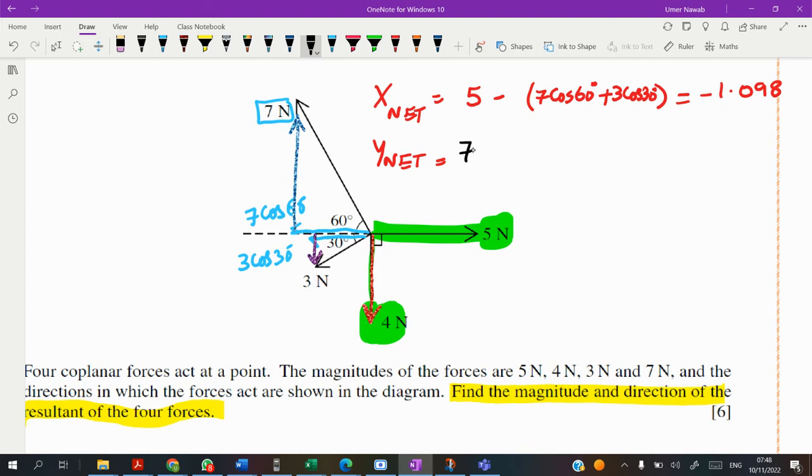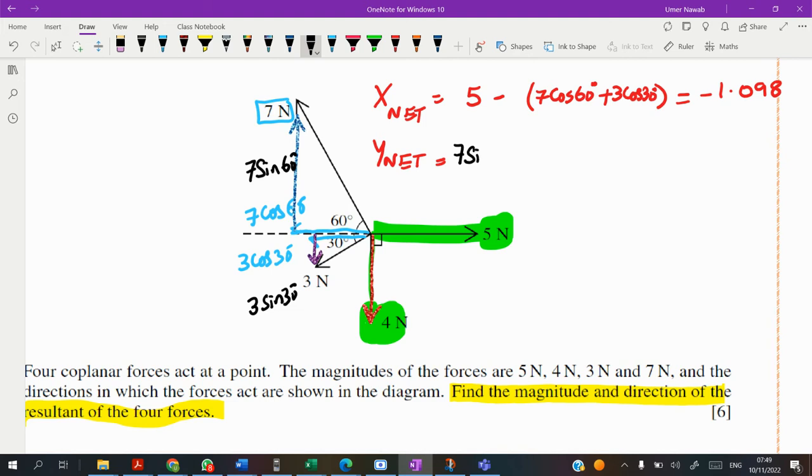So 7 minus 3 plus... not 3, because this is 7, let me correct it, 7 sine of 60 degrees vertically upward, and this one is 3 sine of 30 degrees.